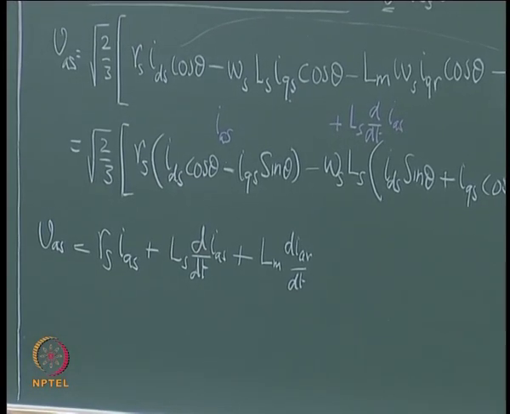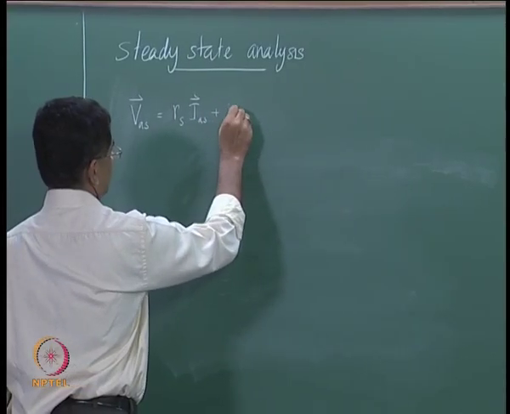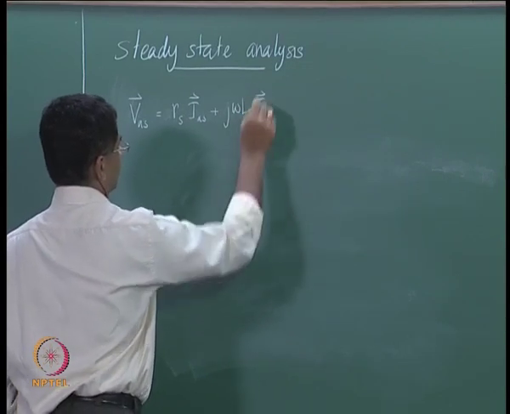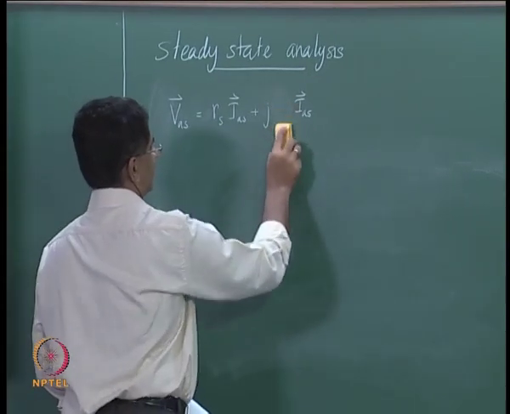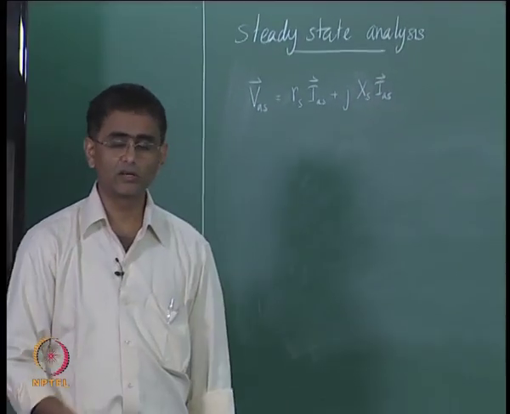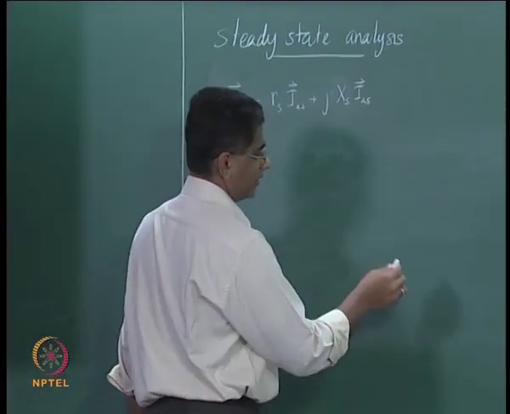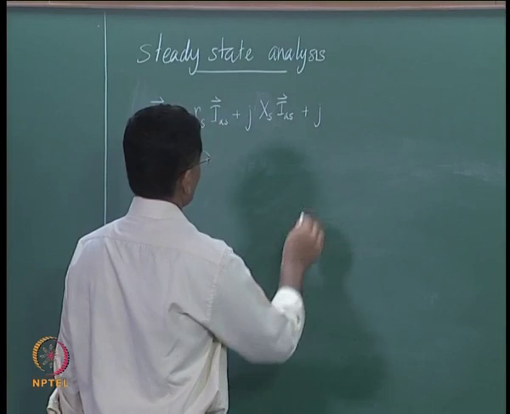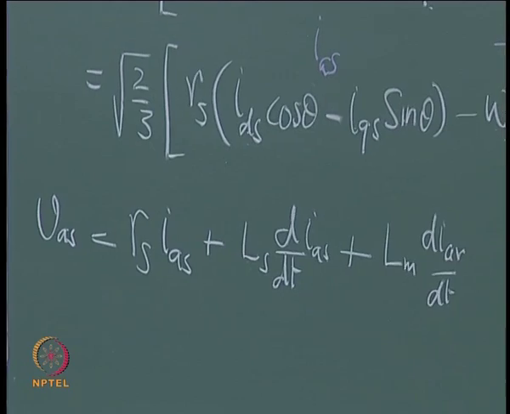So, in phasor notation that then becomes plus j times omega Ls into IAS, and j times omega times Ls is nothing but XS, that is the stator inductive impedance, and then you have plus j times XM into IAR.